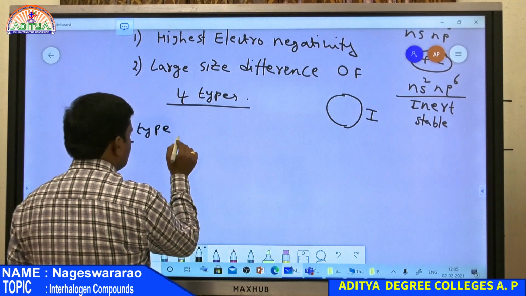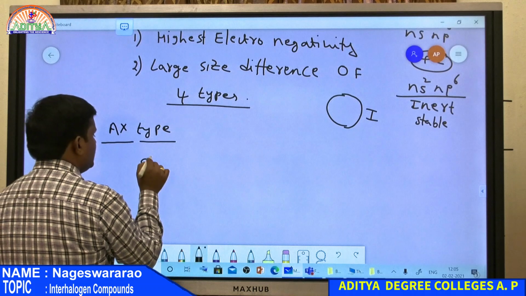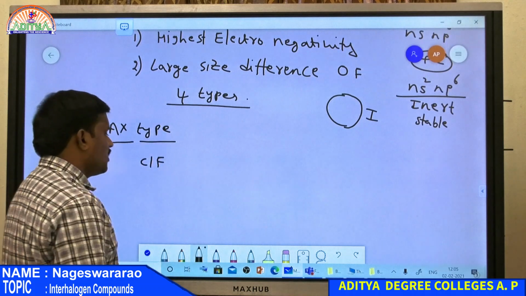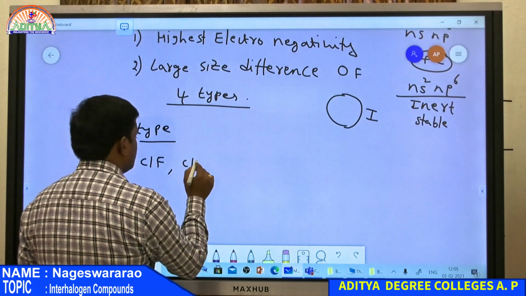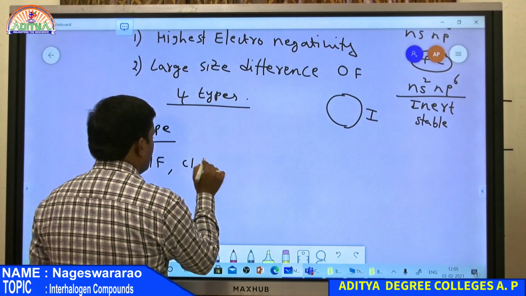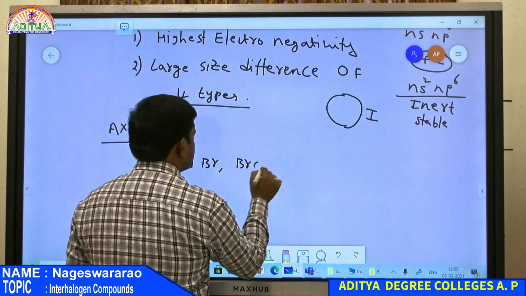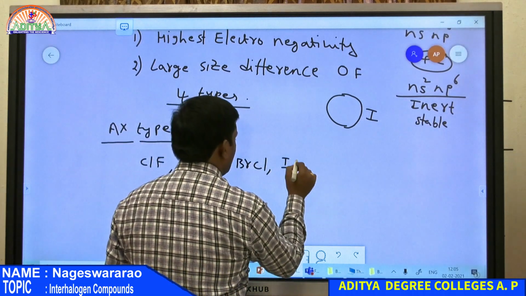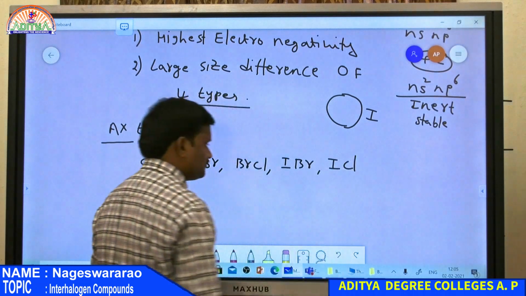The examples for AX type interhalogens are first ClF, that is chlorine with fluorine, the second one is ClBr, and the third one is BrCl, the fourth one is IBr, and the last one is ICl.